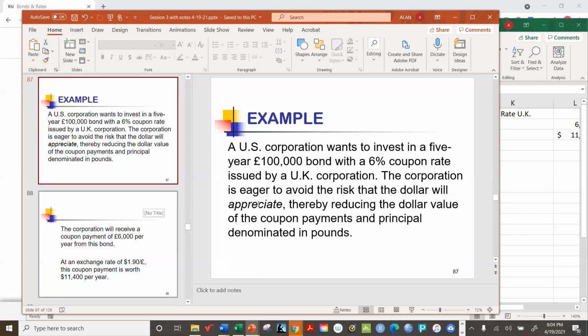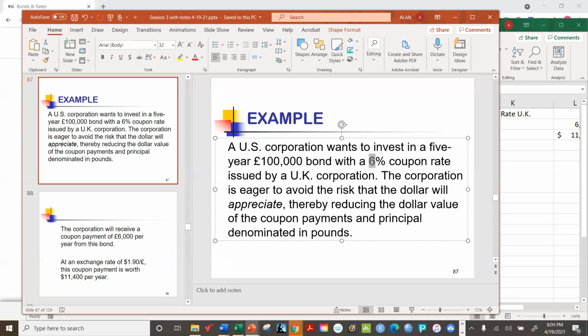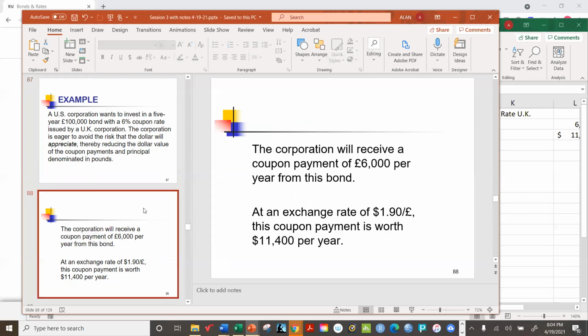So by buying this bond, 6% times 100,000 pounds is 6,000 pounds. Let's just say that at the moment, the exchange rate is $1.90 a pound, which means that the coupon payment would therefore be worth $1.90 per pound times 6,000 pounds, or $11,400 per year.